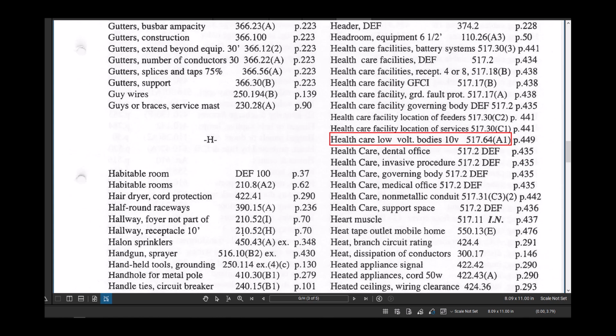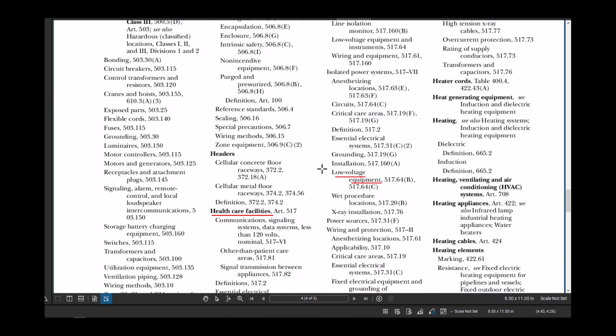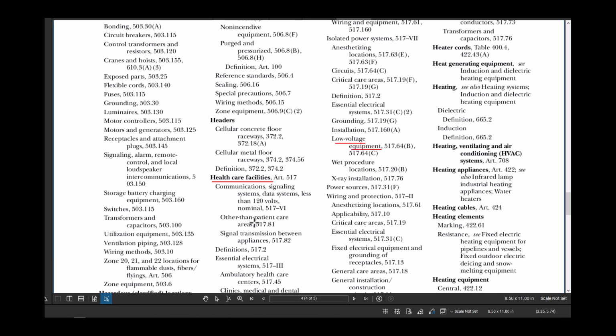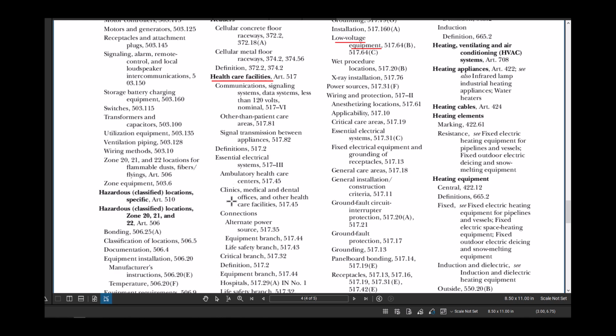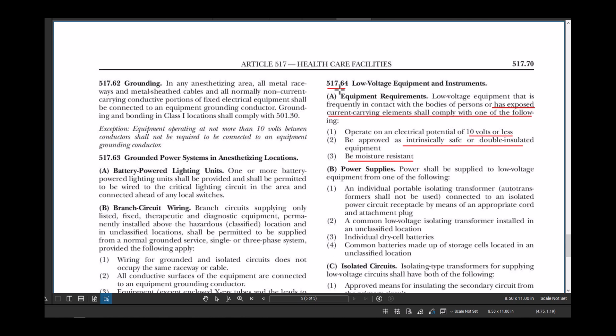We go to the NEC index, we go to healthcare facilities, and if you navigate through from A to L sections, you find low voltage equipment, which is 517.64(B). Let's go to the article in the NEC and see what it says. 517.64, low voltage equipment and instruments, says equipment that has exposed current carrying elements shall comply with one of the following. 1.